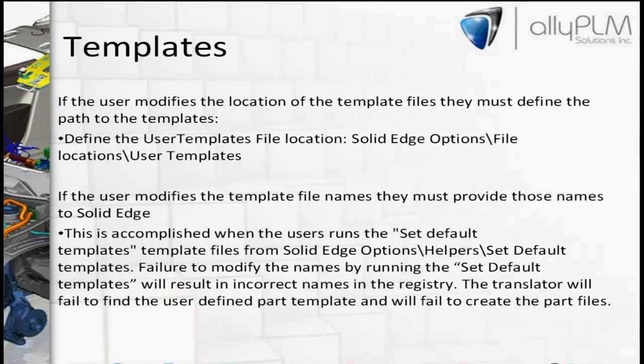So if you modify the location of the template files, you have to define the new path to those. And if you modify the template names, you have to provide those names into Solid Edge. You can do that by just running the Set Default Templates option inside of Helpers, and that'll run through and correct the names if you've changed them.